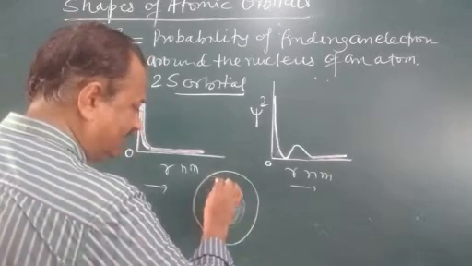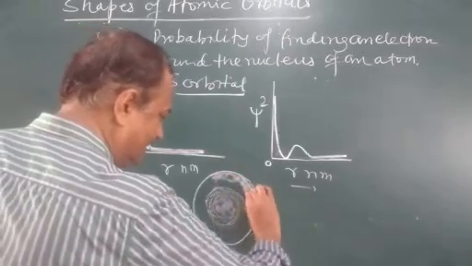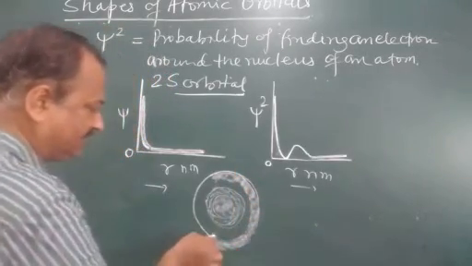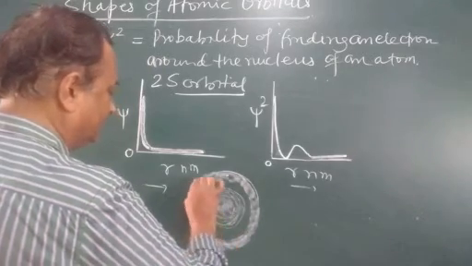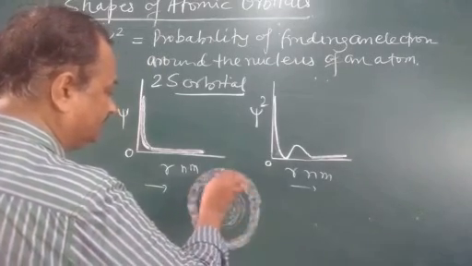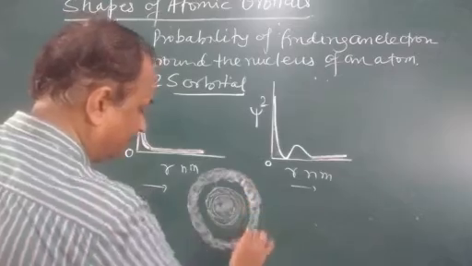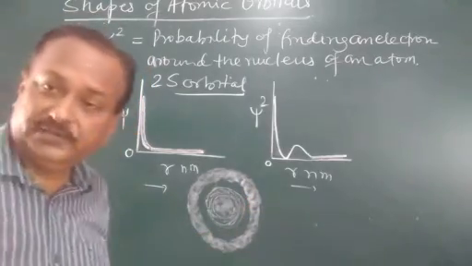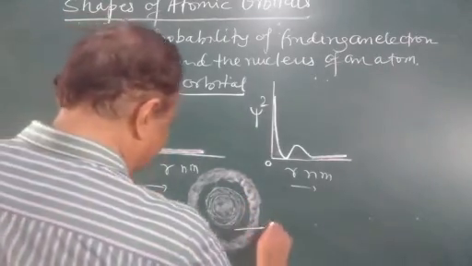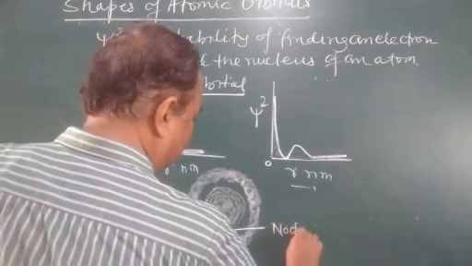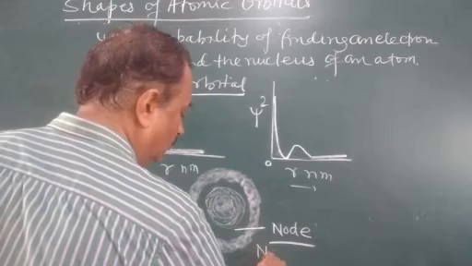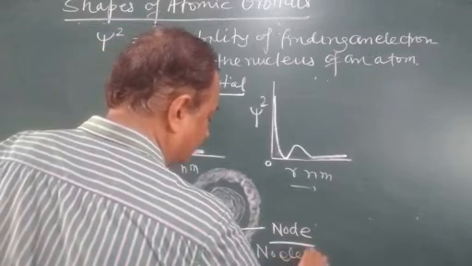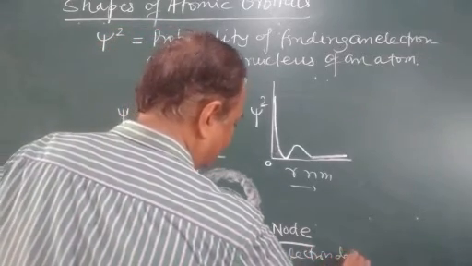Around this there is an area in which the chance of finding an electron is 0. This is the representation of 2s. And this place where there is no electron density is called a node. So a node has no electron density.